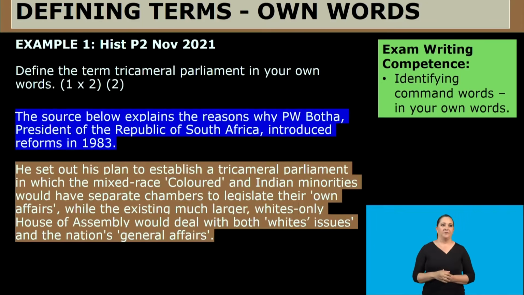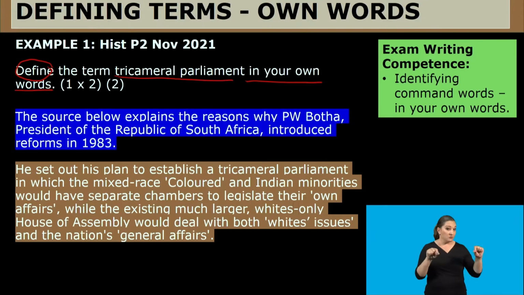First example says, define the term tricameral parliament in your own words. So I'm underlining in your own words because that is very important. Now, if you look at the source, it tells you, the source below explains the reasons why P.W. Botha, President of the Republic of South Africa, introduced reforms in 1983.